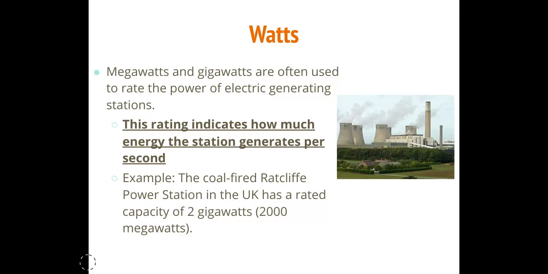It has been rated to hold a capacity of 2 gigawatts or 2,000 megawatts, which is to say 2 gigajoules per second, or 2,000 megajoules per second, which is just insane.